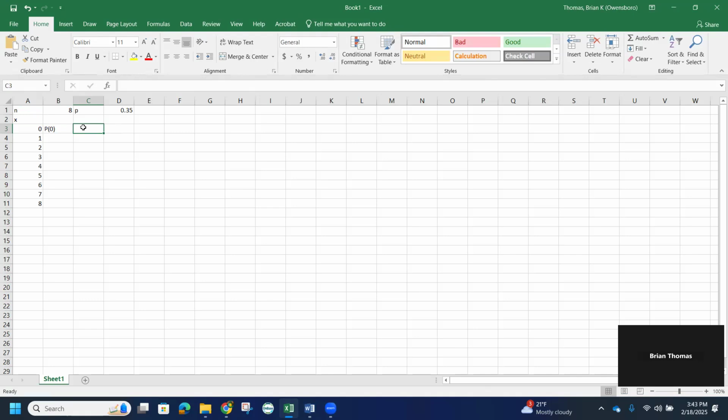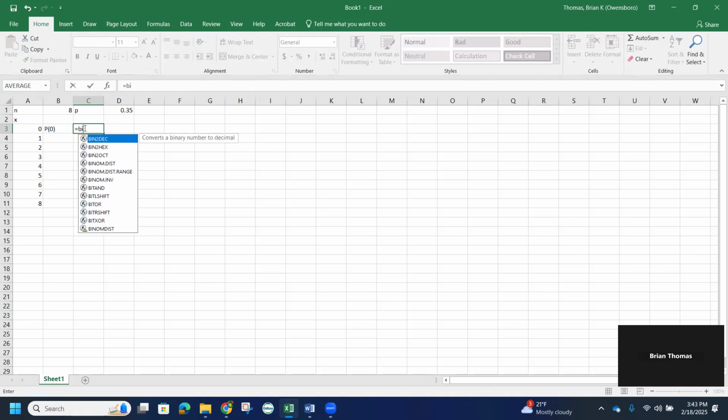What I can do is use a formula in Excel. If I hit the equal sign and type in BINOM, notice that we do have a binomial distribution formula. If I click on that, it wants number, trials, probability, and then cumulative.